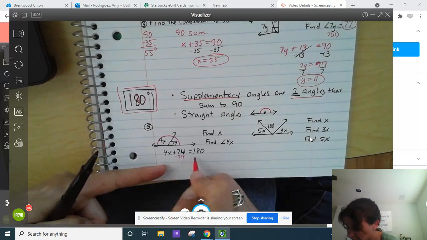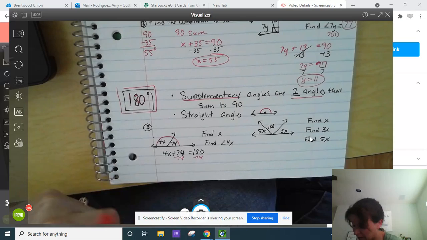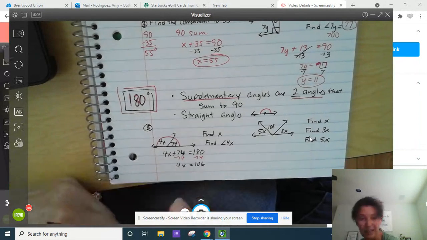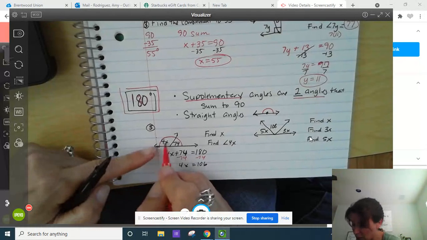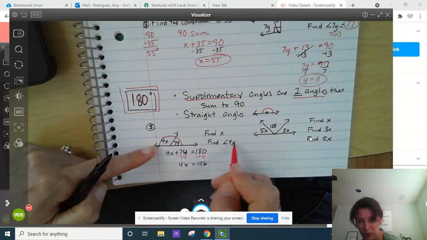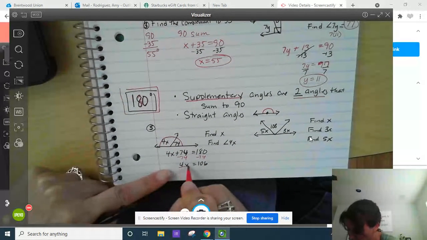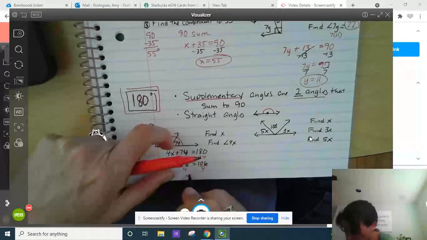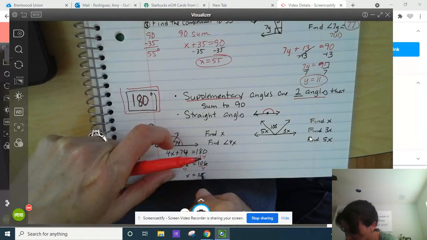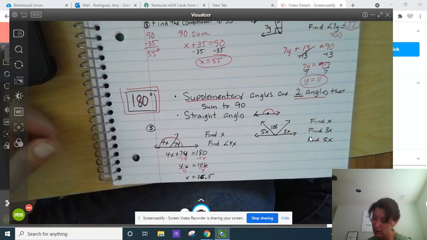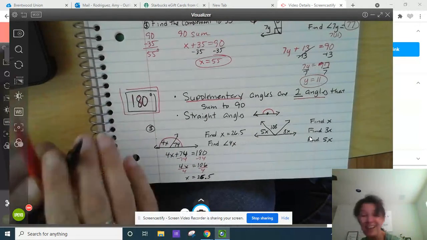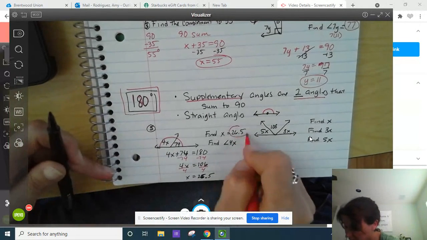So let me just work it backwards. Let me subtract the 74 part, that's that part right there. That means that this known part is 106. And then, okay, that known part's 106. That's my answer for this part right here. But let's just figure out what the x is. 106 divided by 4 is 26.5. I did that on a calculator earlier. It's probably good that I didn't do guess and check because I might not have guessed 26.5.